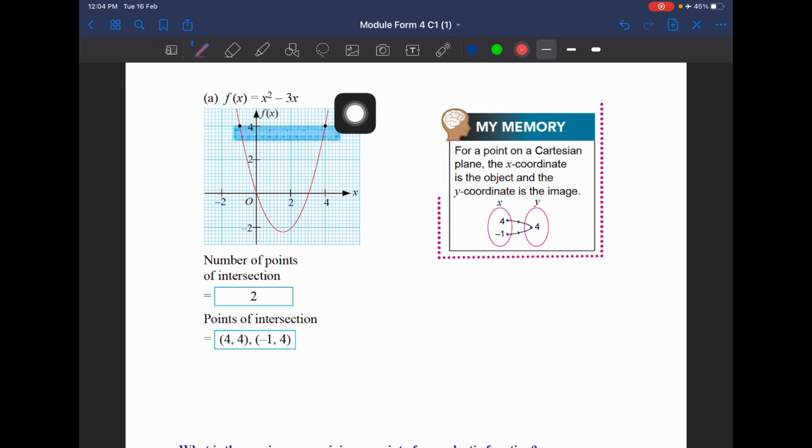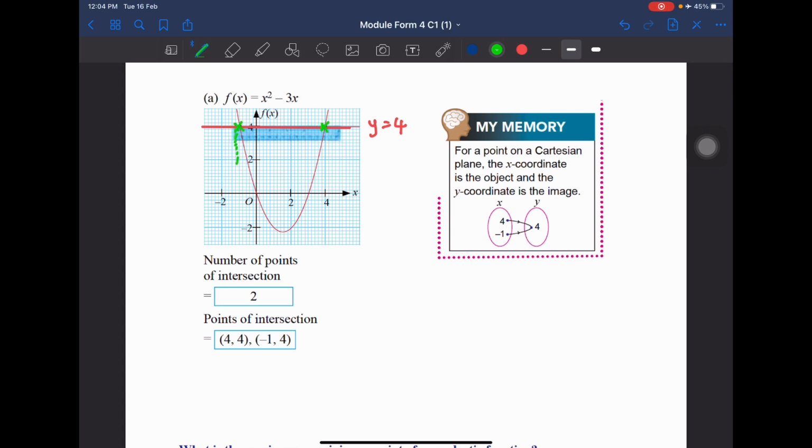Okay, then contoh kalau saya ada satu garis di sini. Pada garis y equals to 4, actually intersect the quadratic graph at how many points? 2 points. 1, 2.